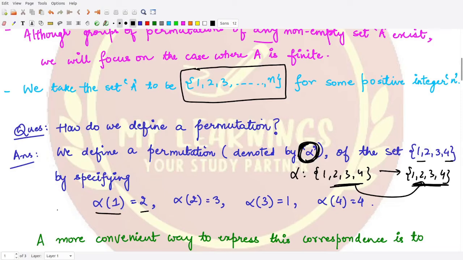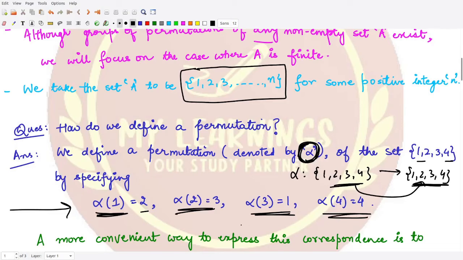This is how we define the permutation. It could be different for different sets, and there are several ways to define such permutations. So we have alpha of 1 is equal to 2, alpha of 2 is equal to 3, alpha of 3 is equal to 1, alpha of 4 is equal to 4. This is how it is defined in this particular case.